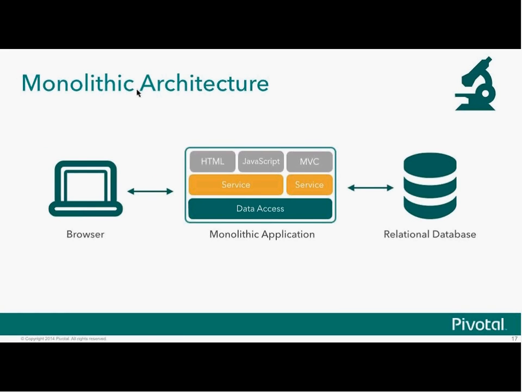The monolithic architecture, we don't have to spend a lot of time describing because we're used to it. But basically what we're talking about is usually some rather large monolithic relational database. It doesn't really matter what the exact product is. On the other side, we're usually talking about some browser-based client. And usually what we've built is some combination of data access objects and some form of service beans, regardless of whether you're using Spring or EJB or something else.